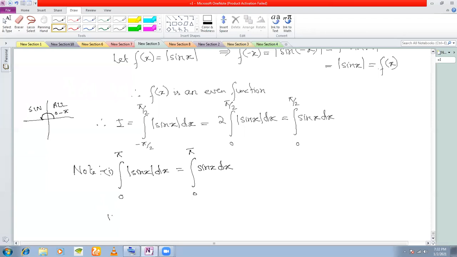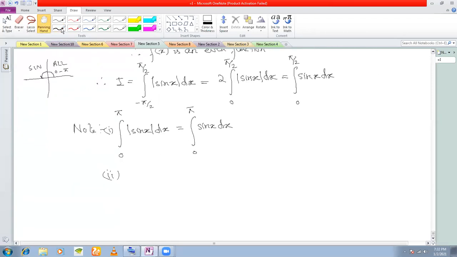Now my second question is, suppose I give you the integral from 0 to 2 pi of mod sin x, then what will happen? First you will take the positive part. From 0 to pi it is positive, so I'll take the limit 0 to pi first, mod sin x.